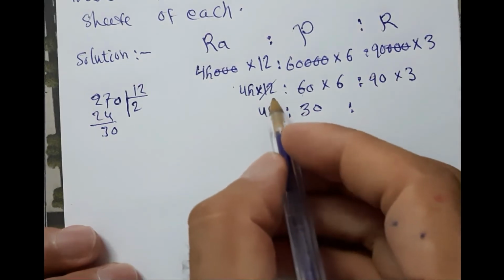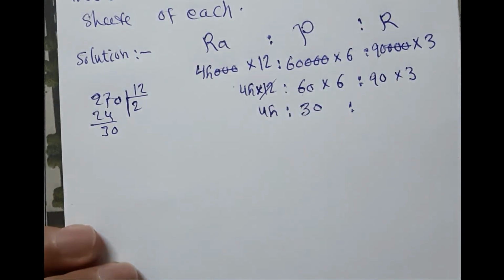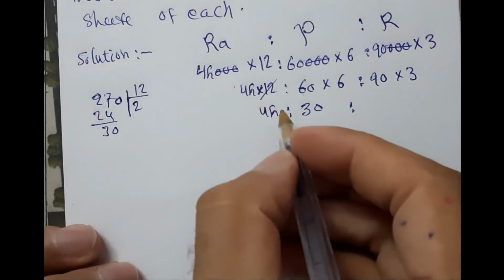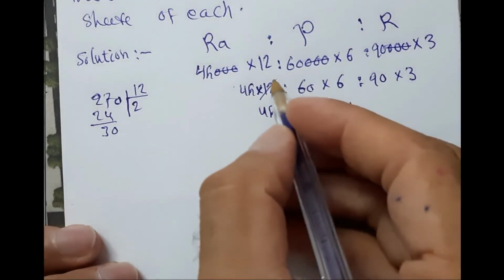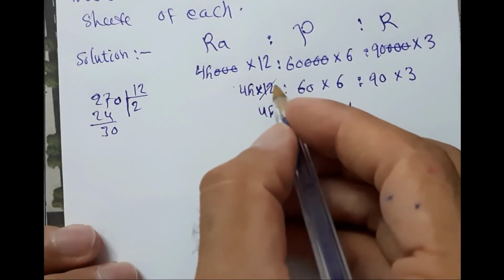We cannot divide by 12, so we divide by 6.